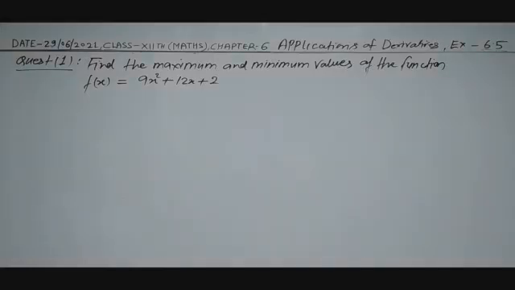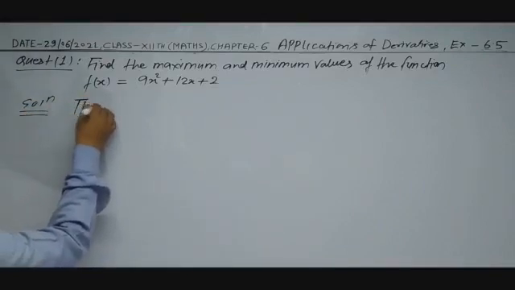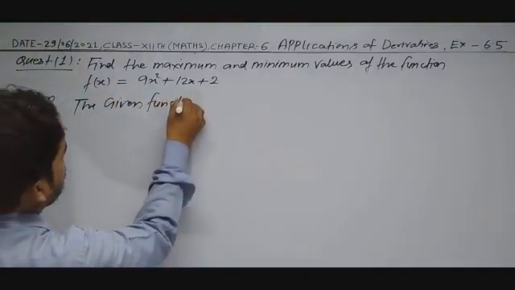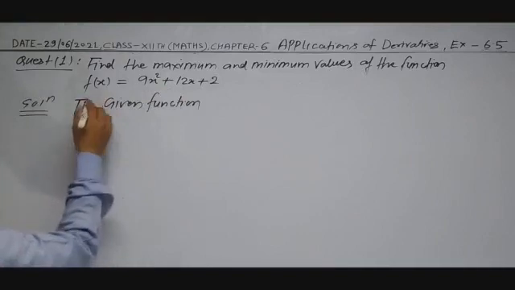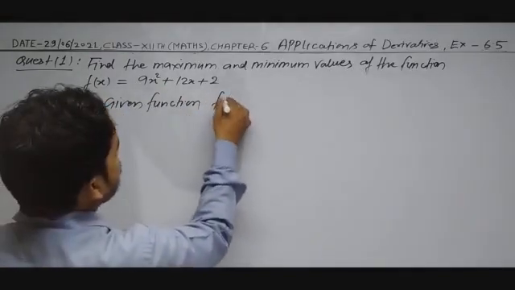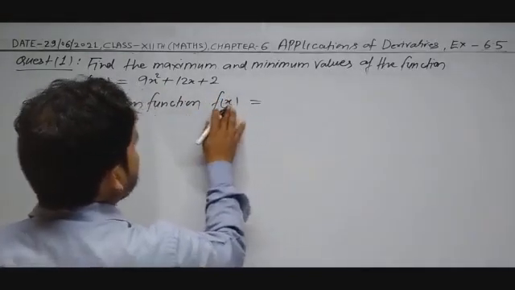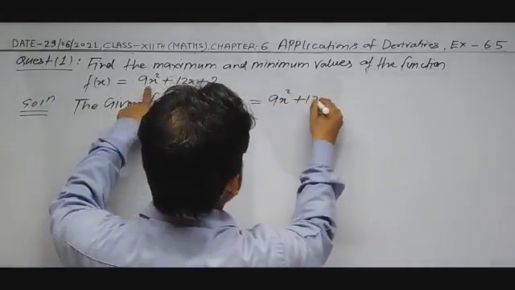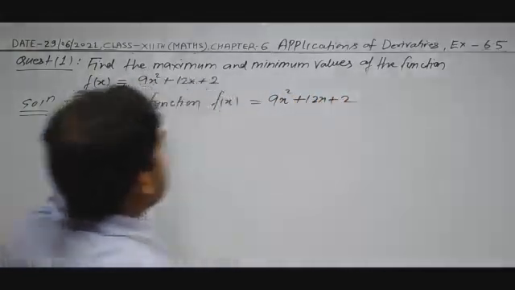So see the solution. First of all, you will consider the given function f(x) = 9x² + 12x + 2.